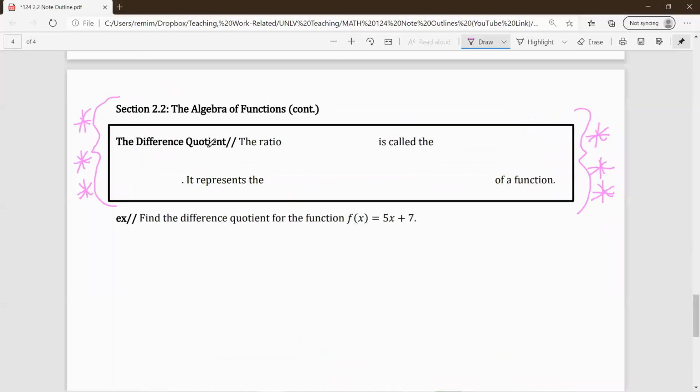The difference quotient is a ratio, and the ratio is written like this. It's a fraction, so we have f of x plus h minus f of x all over h. That is called the difference quotient.